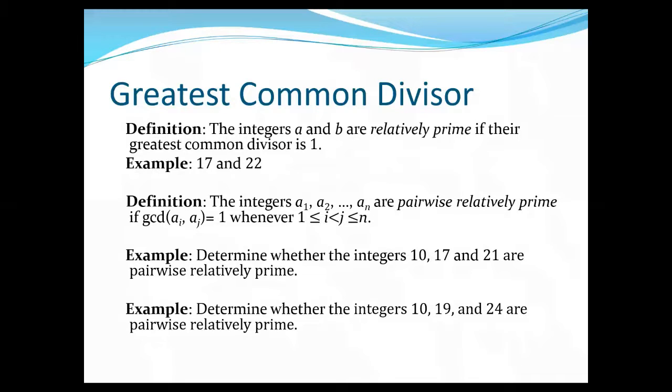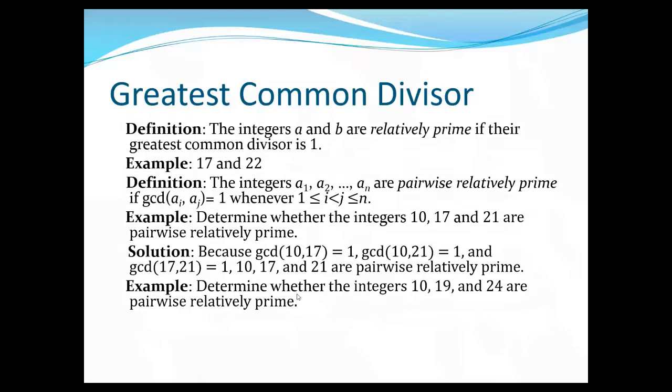Okay, so let's check for 10, 17, and 21. 10 and 17: the greatest common divisor is 1. GCD for 10 and 21: the only common divisor is 1.